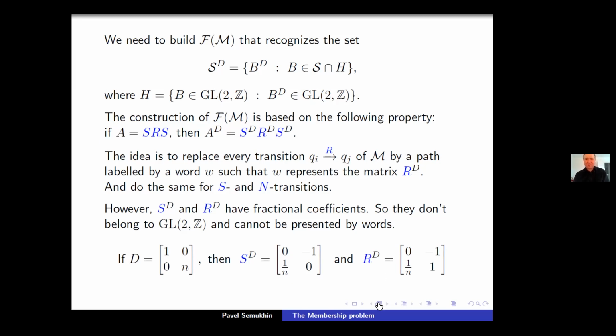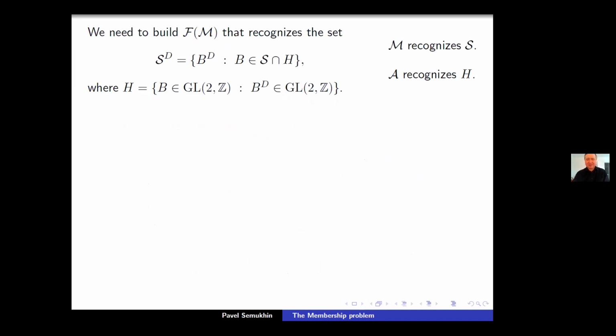To get around this problem, we came up with a new idea, and I will try to describe it. Recall that we want to construct an automaton f of M which recognizes this set here, but we are only interested in the matrices which have integer coefficients.